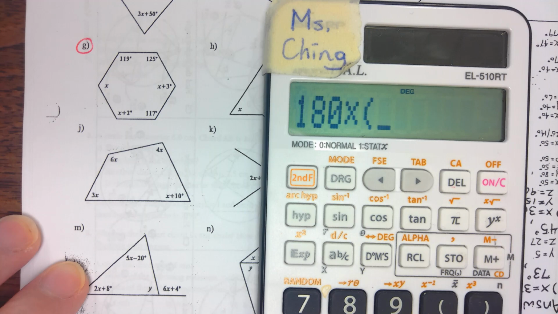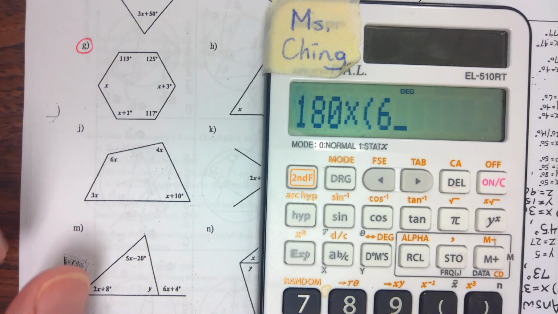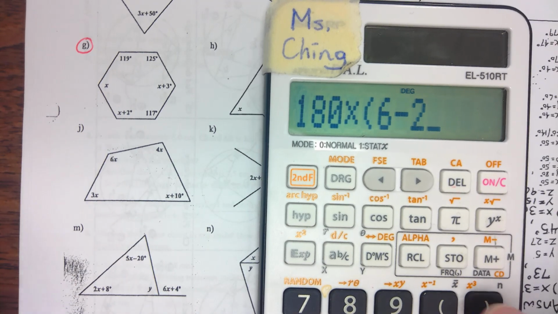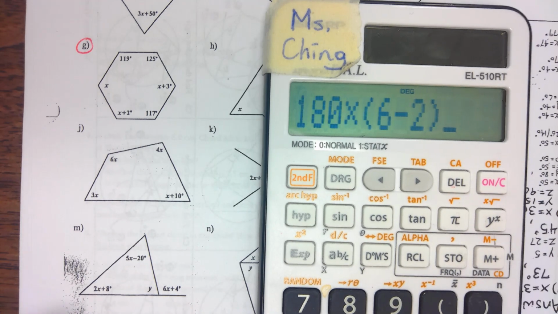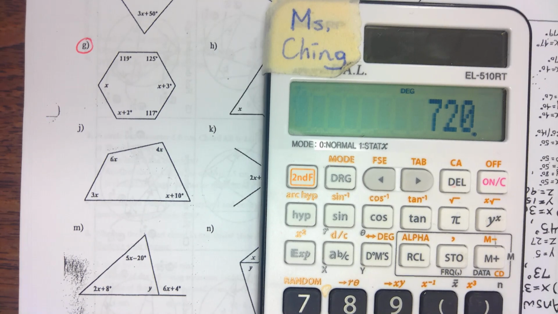Because this is 6-sided, it's always subtract 2, because to make a triangle you have the 2 other sides. When you subtract the 2, you get the 720. For example, if it's an octagon, you would do 180 times 6. If it's a pentagon, you would do 180 times 3.